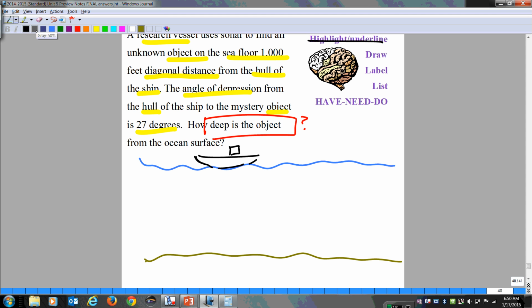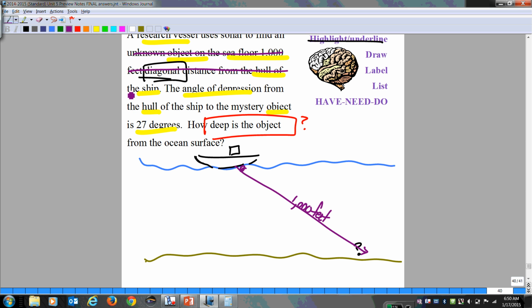So the sonar sounds, and we find a mystery object. There's our mystery object, 1,000 feet diagonal. Did you catch that word diagonal when you do this? 1,000 feet diagonal. So from here, from the hull of the ship to the mystery object is 1,000 feet.